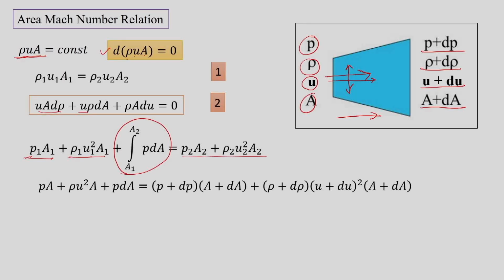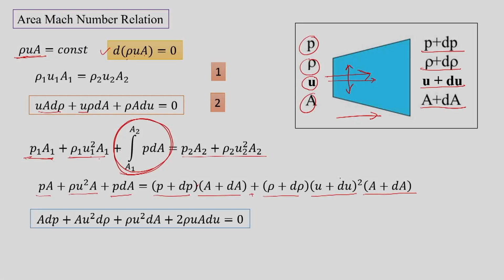This expression in differential form can be written between inlet and outlet as PA plus rho u square A plus P dA, the variation of area in the direction of flow, equal to (P plus dP)(A plus dA) plus (rho plus d rho)(u plus du) square into (A plus dA).